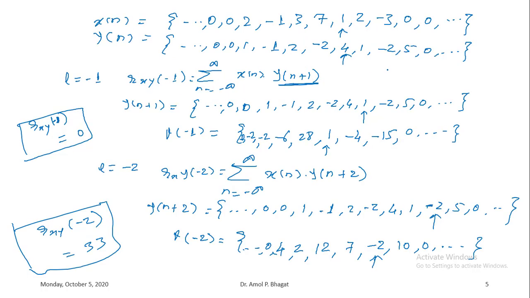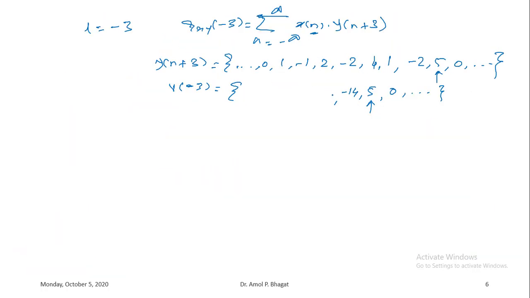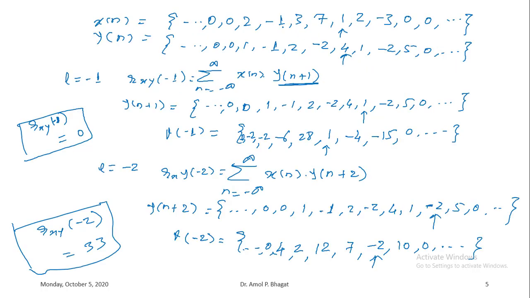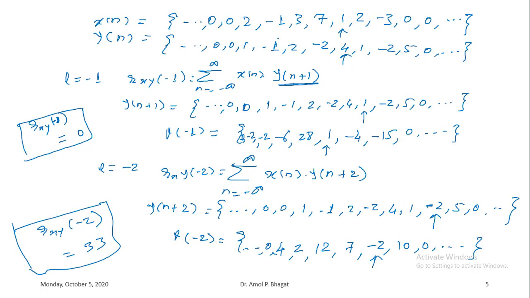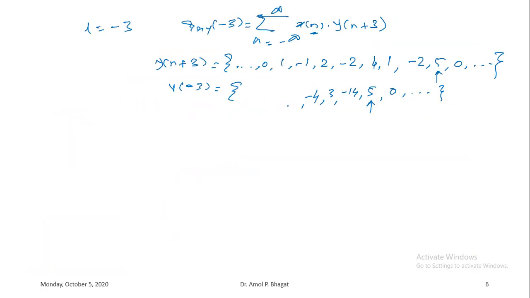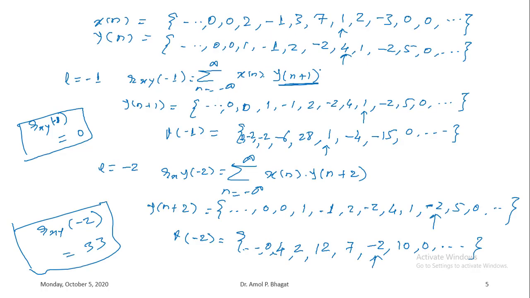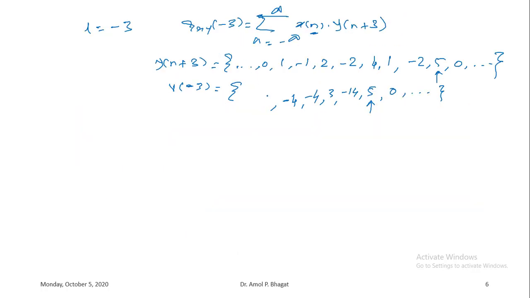Then 1 will get multiplied with 3, so it will be 3. Then 4 will get multiplied with minus 1, so it will be minus 4. Minus 2 will get multiplied with 2, so it will be minus 4. Then this 2 gets multiplied with 0, so it will be 0. So all the remaining values will be 0.